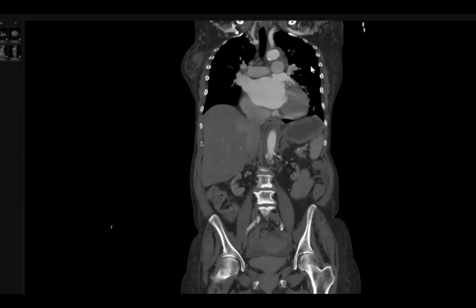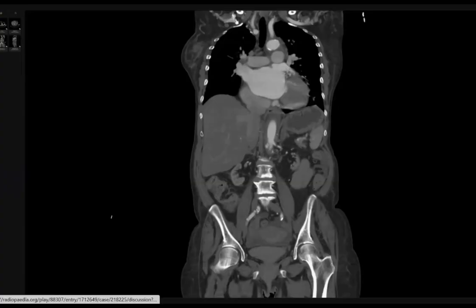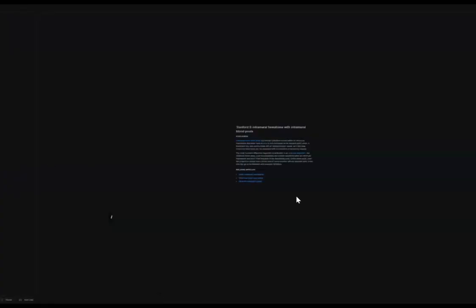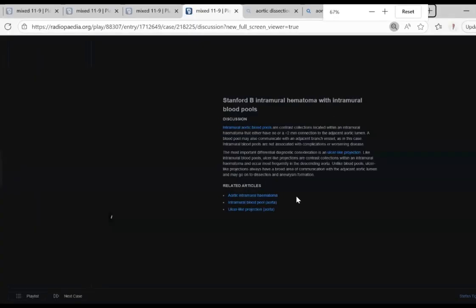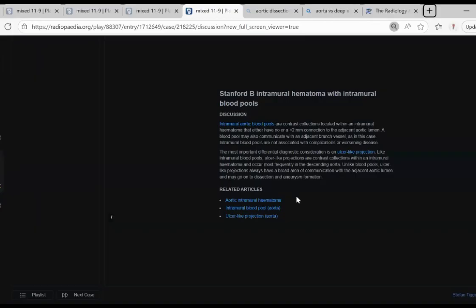See, as I know, the Stanford classification was originally made for dissection. This is the main purpose. But I will tell you something. There is no big difference between dissection and intramural hematoma. Why?